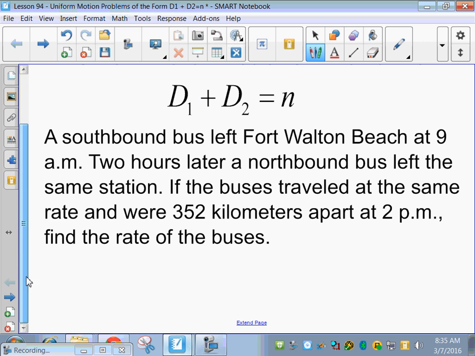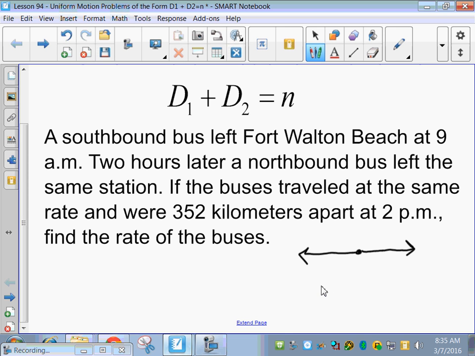So let's try it. A southbound bus left Fort Walton Beach at 9 a.m. 2 hours later, a northbound bus left the same station. So we have southbound and northbound. So our picture means if we're going north and south, we're going in opposite directions, right? So we need arrows going opposite directions.